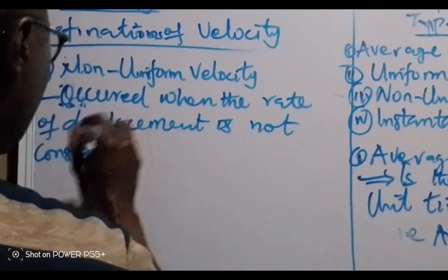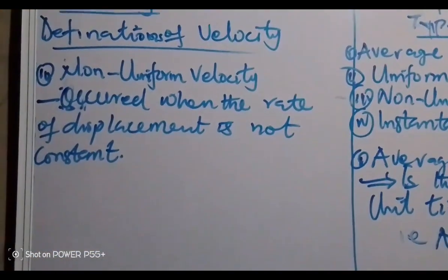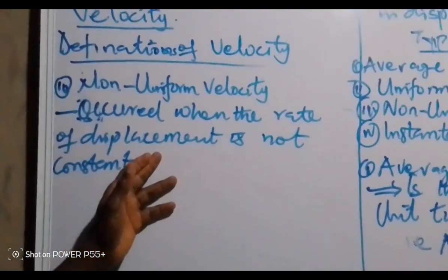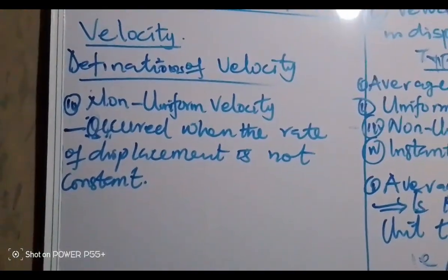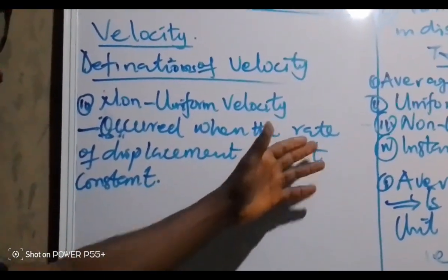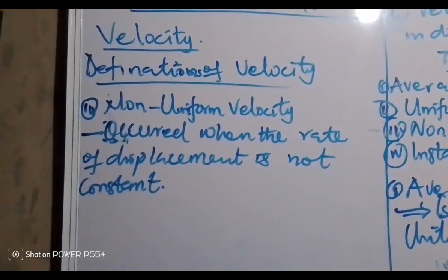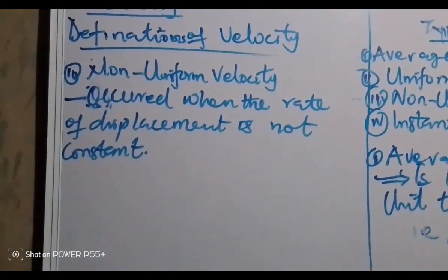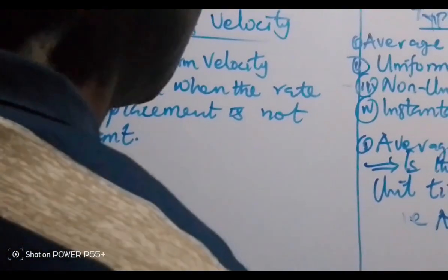When the rate of displacement is not constant, that is, when the rate at which displacement occurs is not the same with the time taken, then we can now say we have non-uniform velocity.